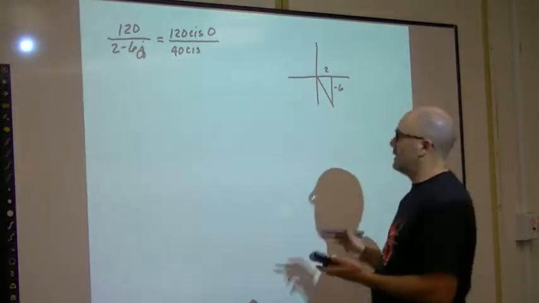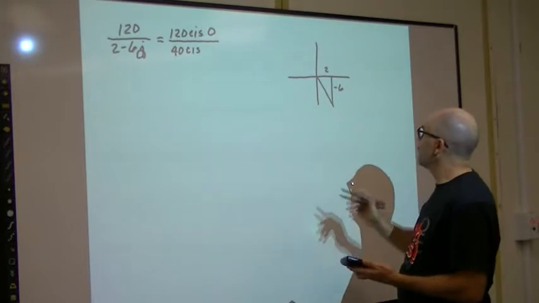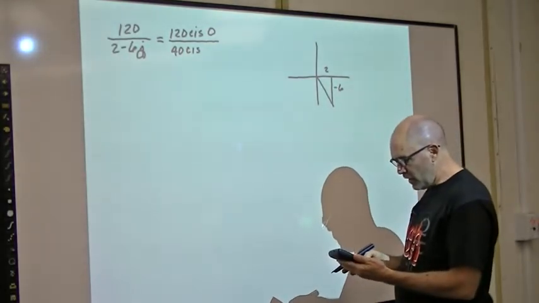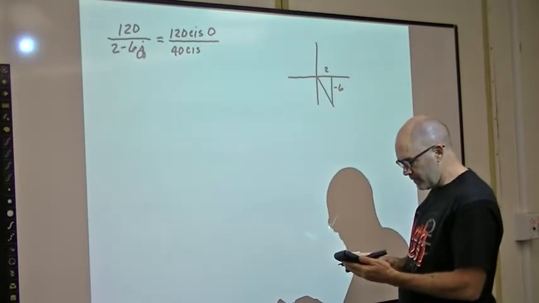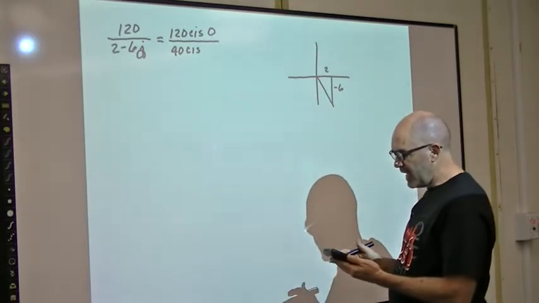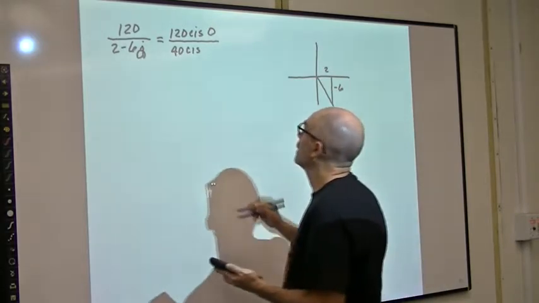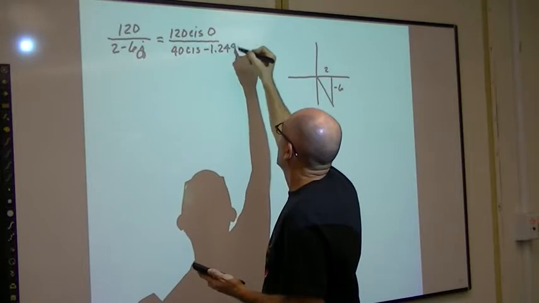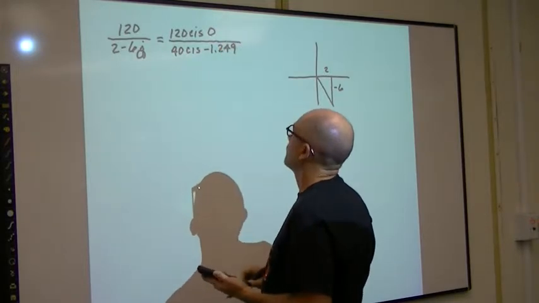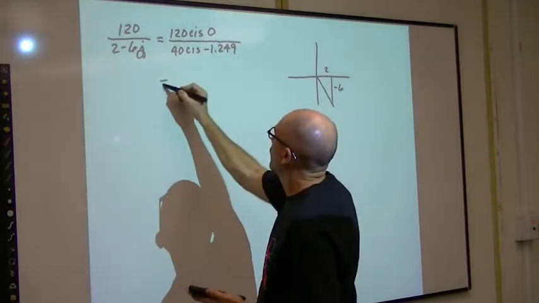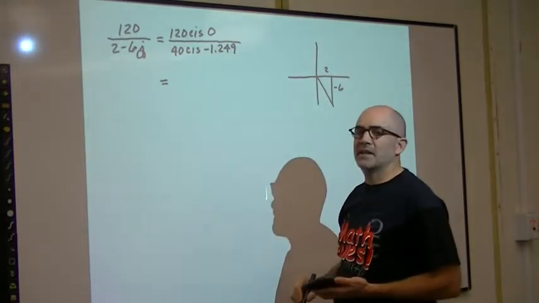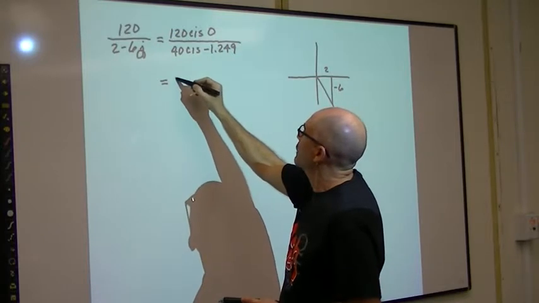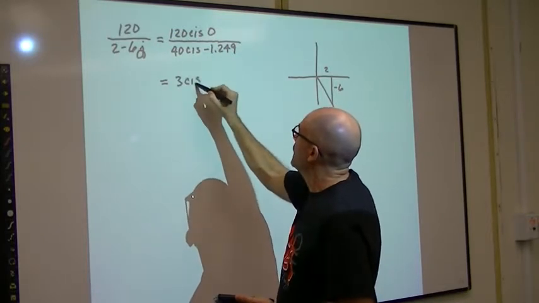Cis, and what's the angle here? It's going to be inverse tangent of negative 6 over 2. So inverse tangent of negative 3 is negative 1.249. Now it really becomes easy doing the division, because 120 divided by 40 is 3 cis.